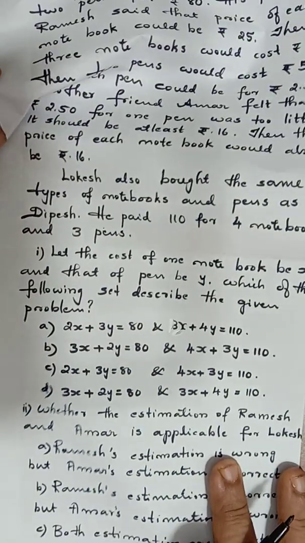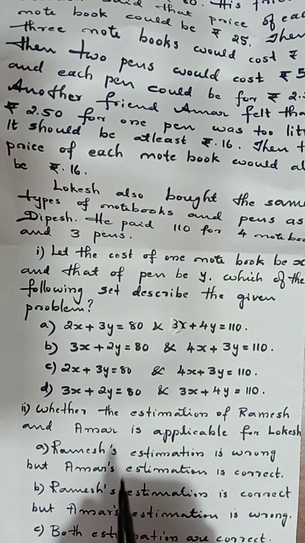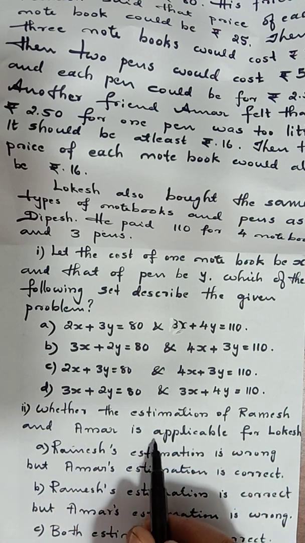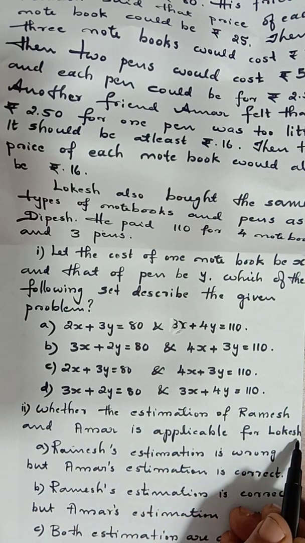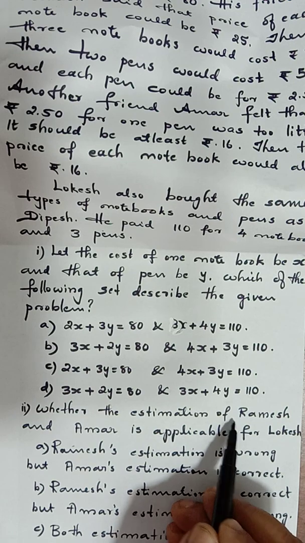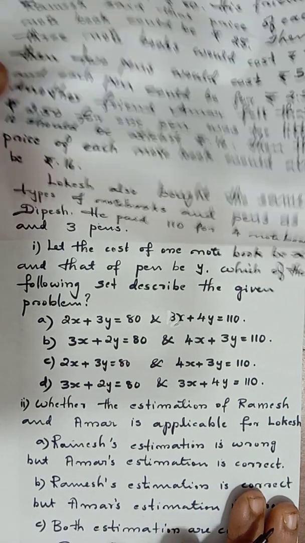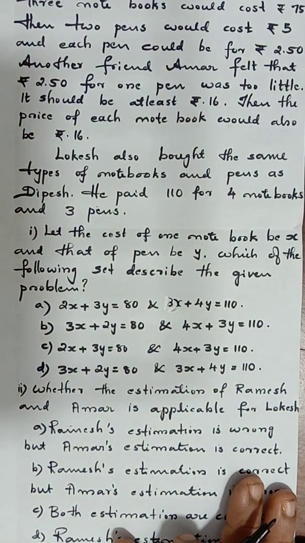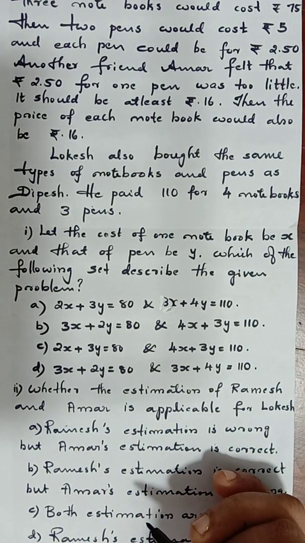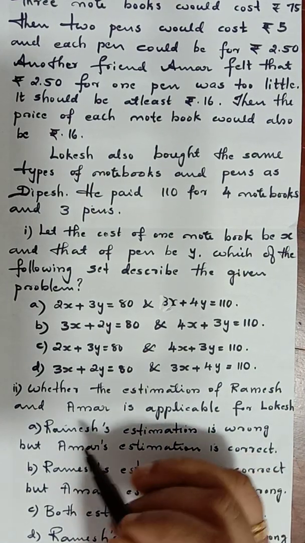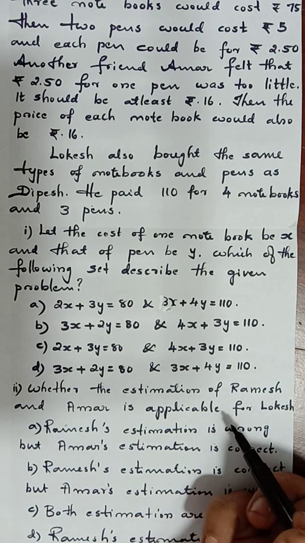See the second question, when you read again, you will understand whether the estimation of Ramesh and Amar is applicable for Lokesh. Ramesh's estimation we have seen for Lokesh is wrong. So Ramesh's estimation is wrong in the first case and in the fourth case also. So A and D are the chances now. From A and D, we have to remove one of the options by checking the other person, Amar's estimation also.